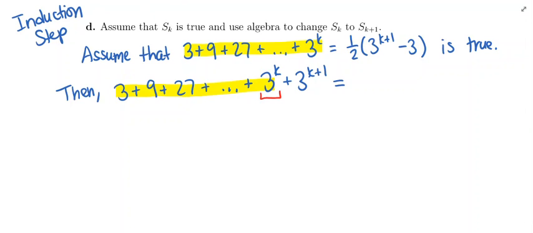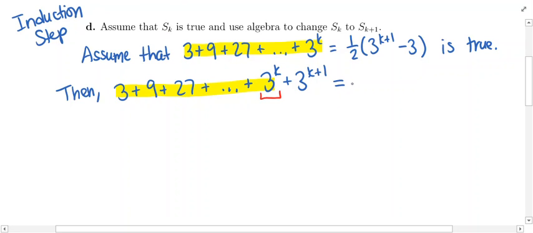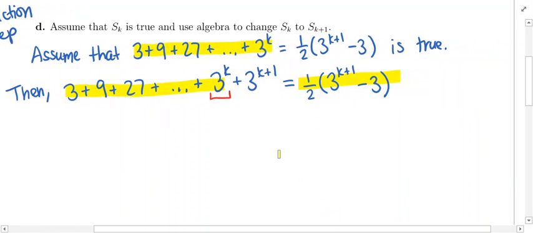So what you see in yellow is the same thing as what's written above: 3 plus 9 plus 27 plus all the way to 3 to the k. That is the same thing as 1/2 times 3 to the k plus 1 minus 3. So this yellow stuff is equivalent. On the left side, we still have to add 3 raised to the k plus 1 power.